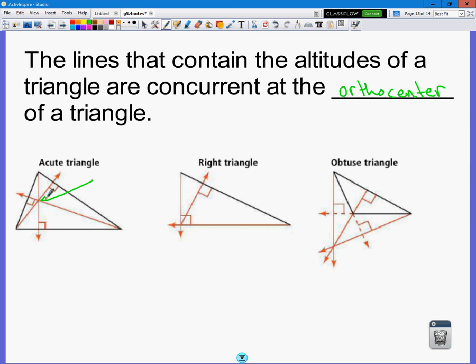And they're showing you that in an acute triangle, the orthocenter is on the inside. That in a right triangle, the orthocenter is on the triangle.